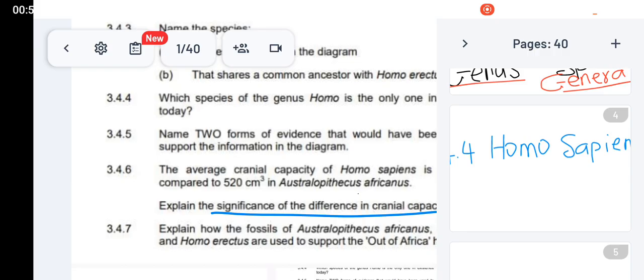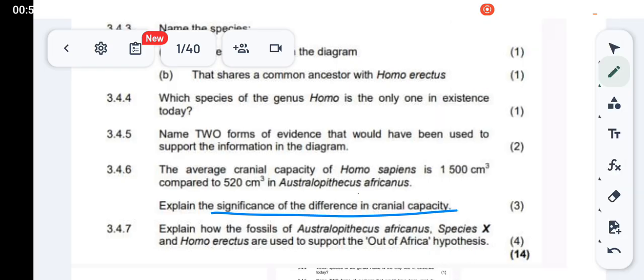For Homo sapiens, we have a cranial capacity of 1,500 centimeter cubed. Because it is larger than the cranial capacity of Australopithecus africanus, it simply shows that Homo sapiens have a larger brain. So a larger cranial capacity indicates a larger brain, and the larger brain indicates a greater intelligence. That is the significance. Then you are done. Let's explain it again.